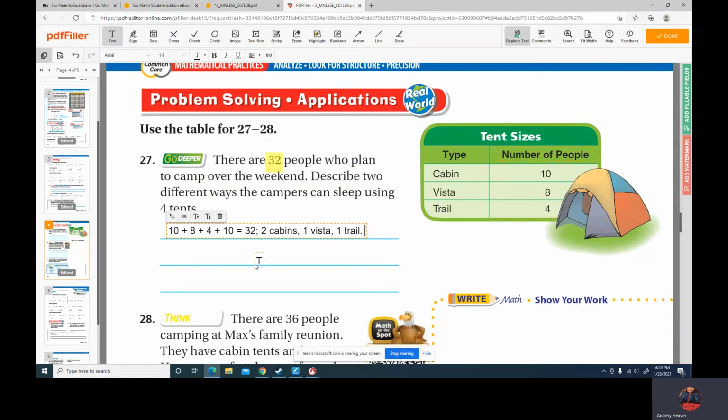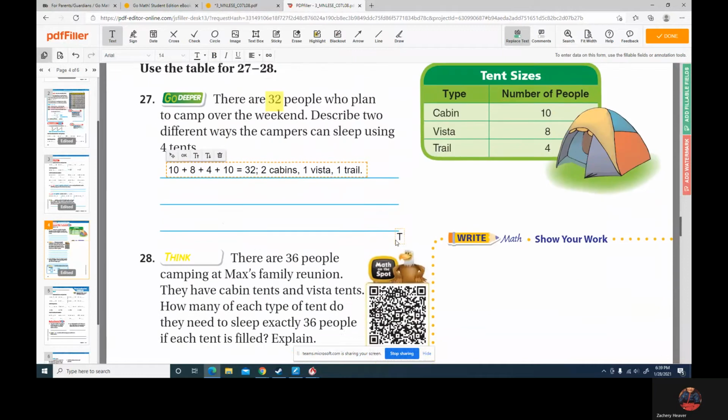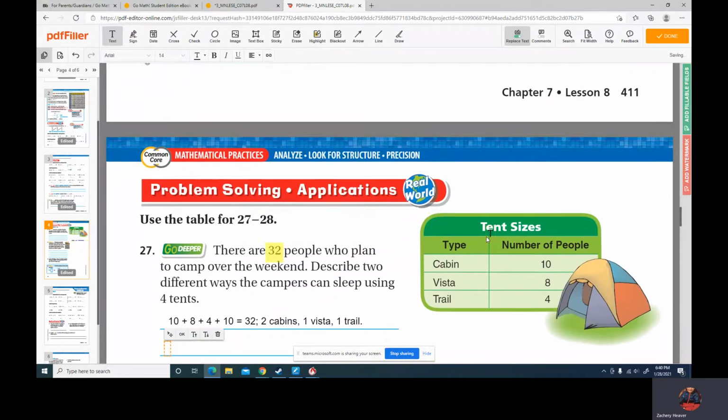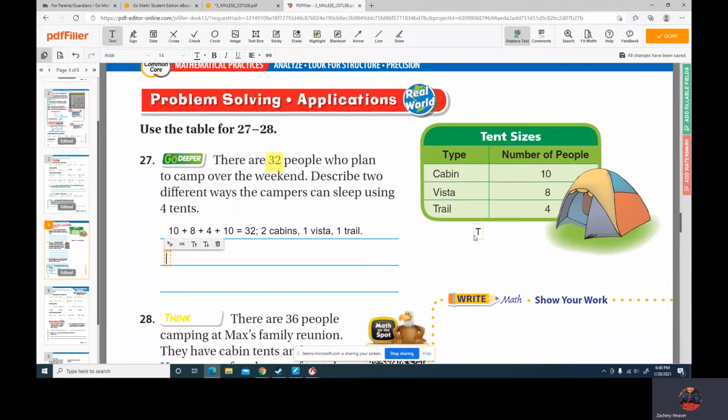The other way is we can make 32 by using 8s, but how many 8s makes 32? Well, let me just go off this one. We know that 8 plus 8 plus 8 plus 8 will equal 32.